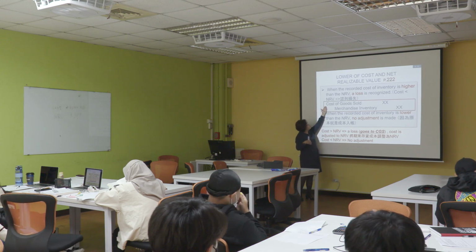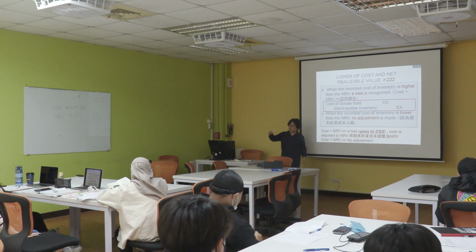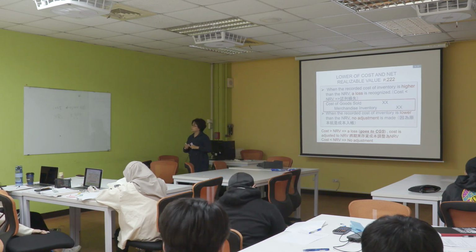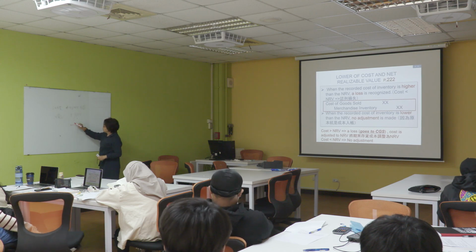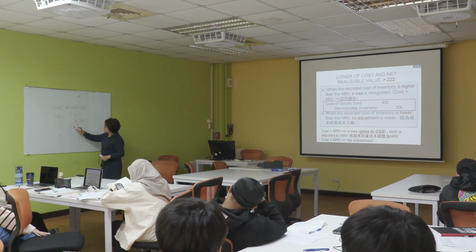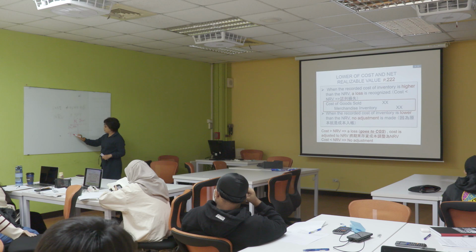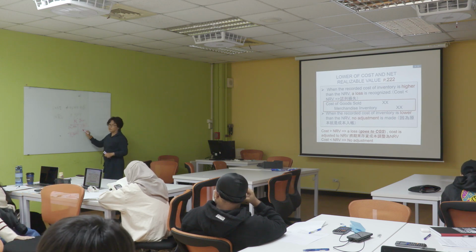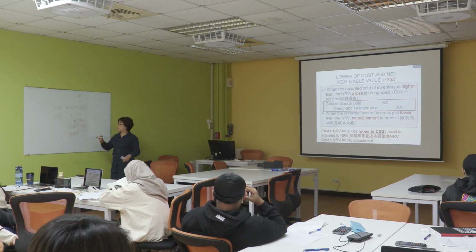So cost of goods sold goes to the debit, and definitely your merchandise inventory account, when you have a cost, should be on the debit side. Then you want to let it become 8,500, so definitely you need to credit 150.